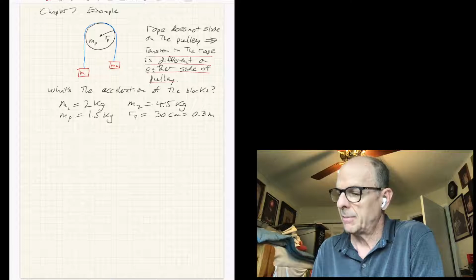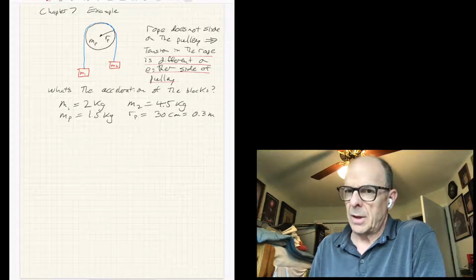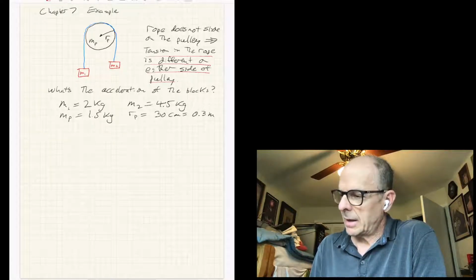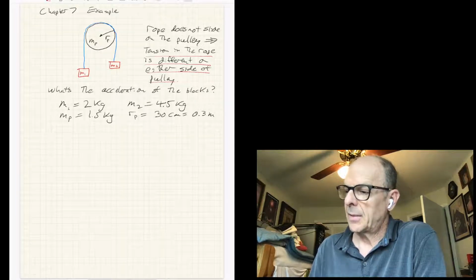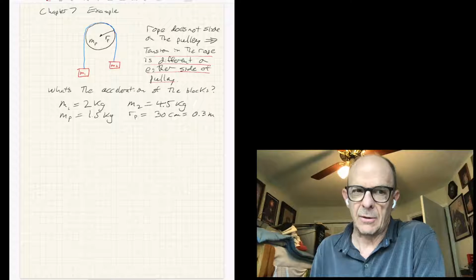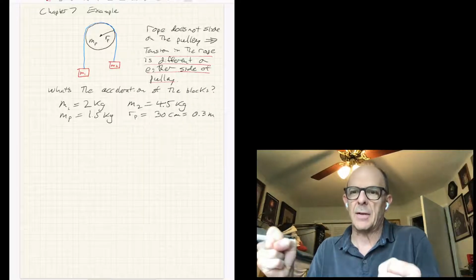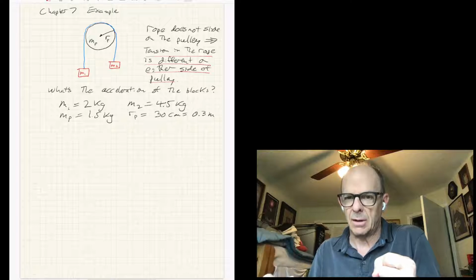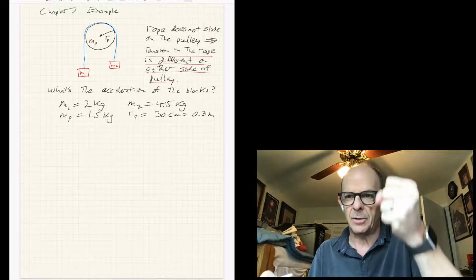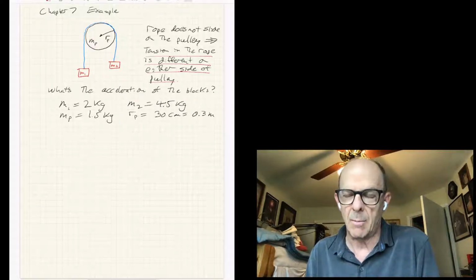How do they accelerate? So the key thing to identify here first is that you have different tensions on either side. And second, that the acceleration of those two objects is the same because they're physically tied together by that rope. So whatever the acceleration down is of m2, that's got to be equal to the acceleration up of m1.